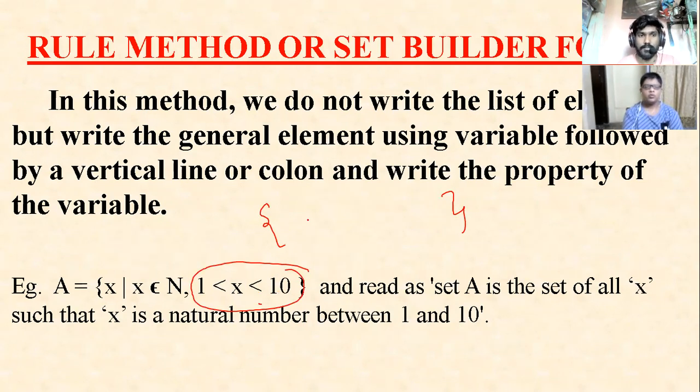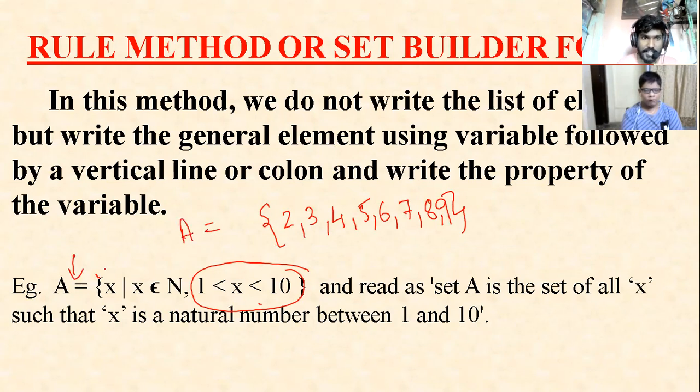What are they? 2, 3, 4, 5, 6, 7, 8, and 9. So this set A, in the listing method, will look like this. And in the set builder method, it will look like this.